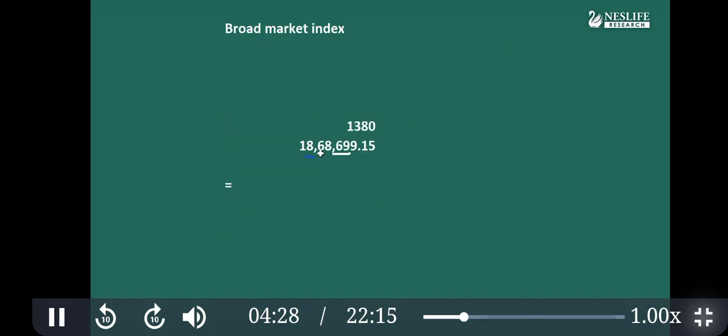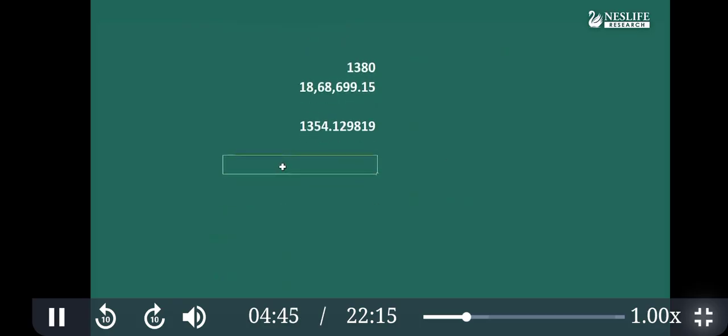So the number of shares will be, okay, these are the number of shares. This number is in crores, 1,354 crore shares. So market capitalization, you can write down, is a very important concept in investing, without which you cannot understand mutual funds, ETFs, and even the stock market.